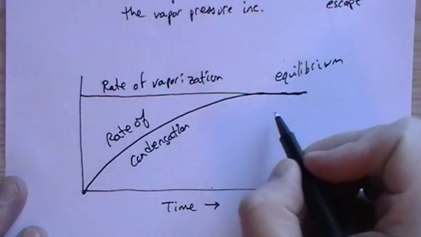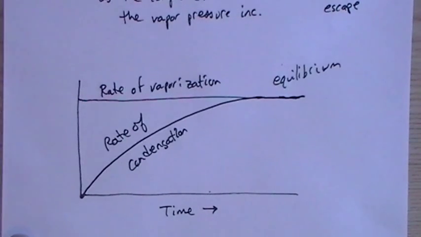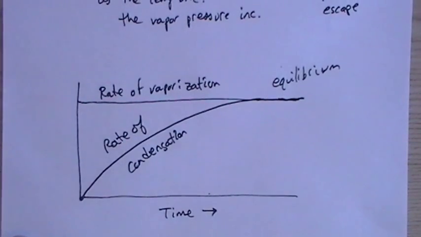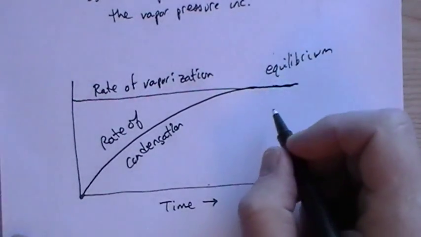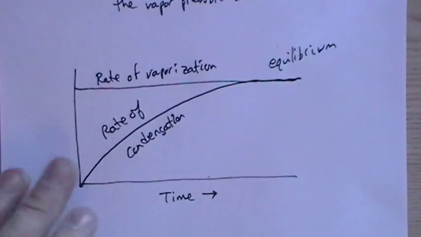There is a set number of water molecules in the liquid phase and in the gas phase, and that won't change, even though the H2O molecules are going back and forth between the phases. There's an average number that remains the same. At equilibrium, that means the rate of vaporization and the rate of condensation are the same. Okay.